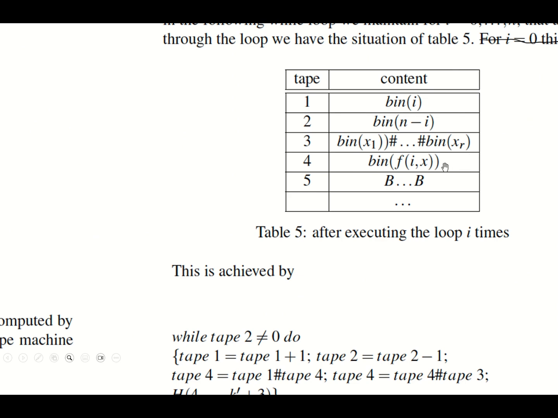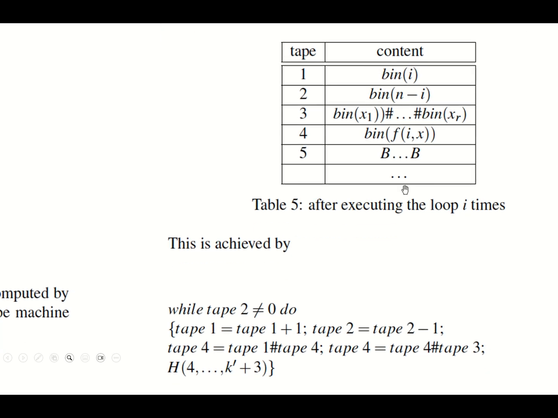Now, what happens on step 1? I increment this, so this is 1, this is n minus 1, and this is not touched, it's basically the input. Here I have 1 concatenated with gx, and concatenated with the input.